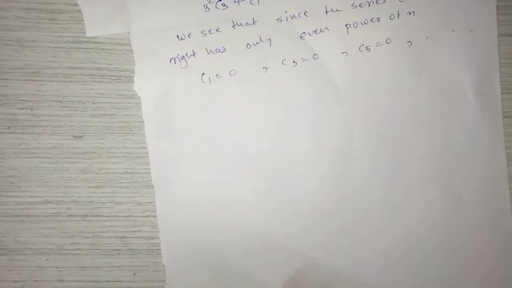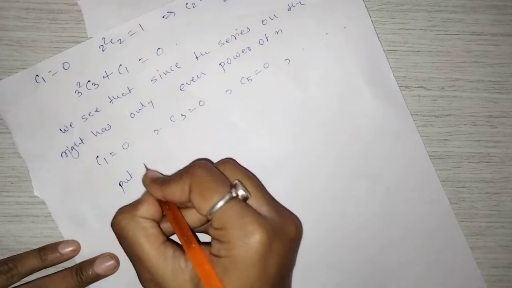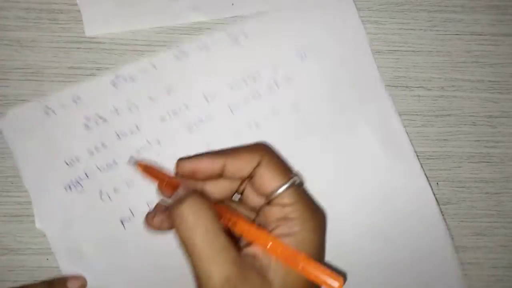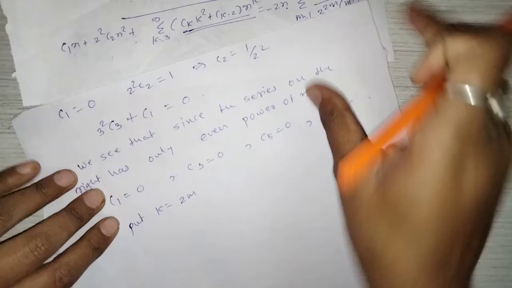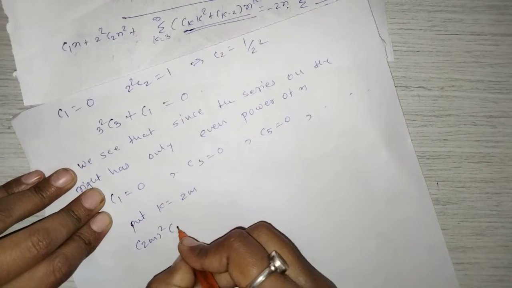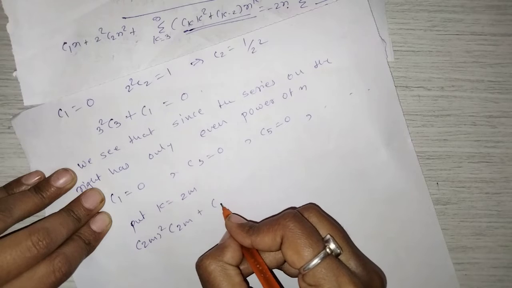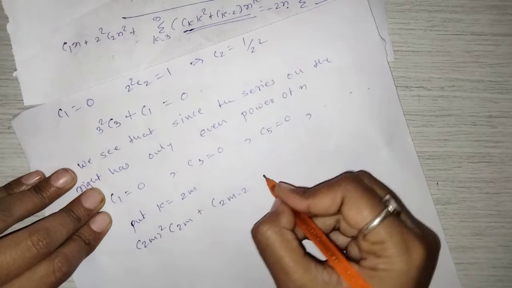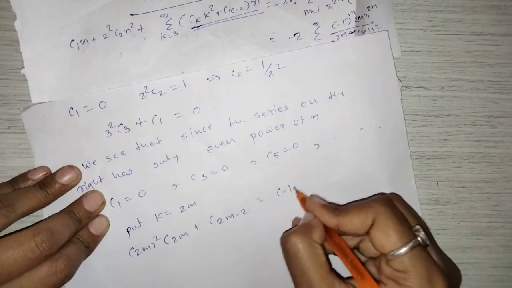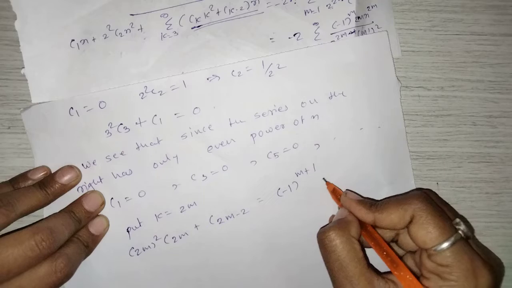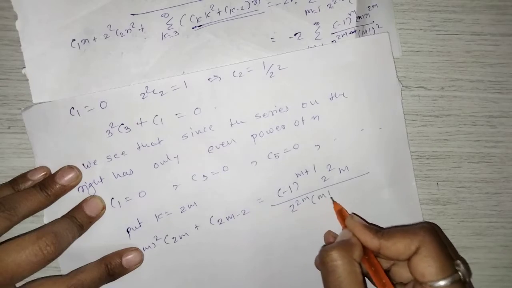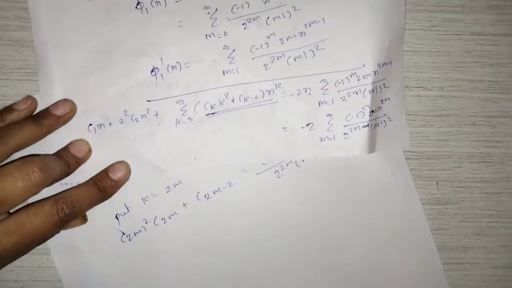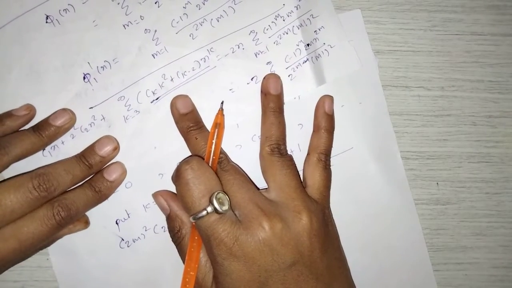So the recurrence relation for the other coefficients is, put k equal to 2m in this series, so 2m bracket square c2m plus c2m minus 2 equal to minus 1 raised to m plus 1 2 square m upon 2 raised to 2m m factorial bracket square, because here we are comparing only the coefficients of even powers of x.